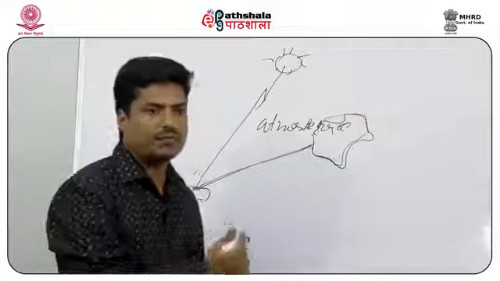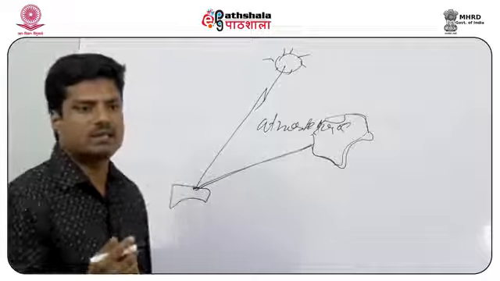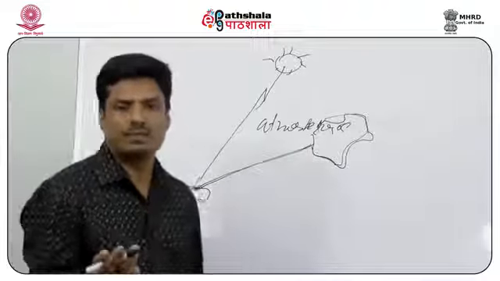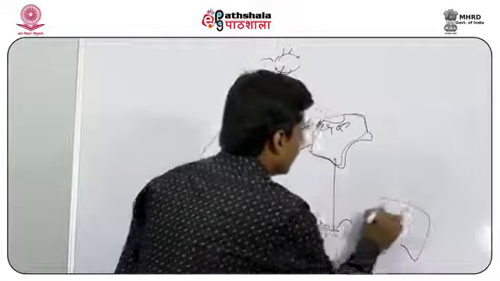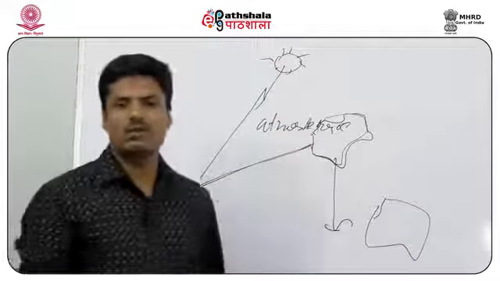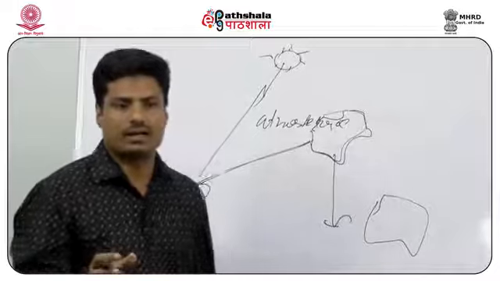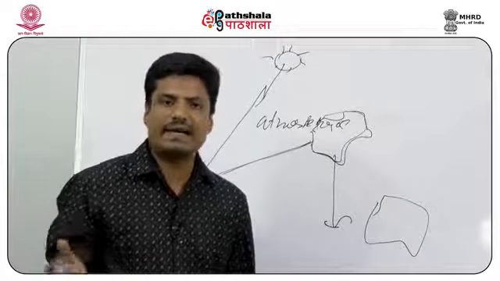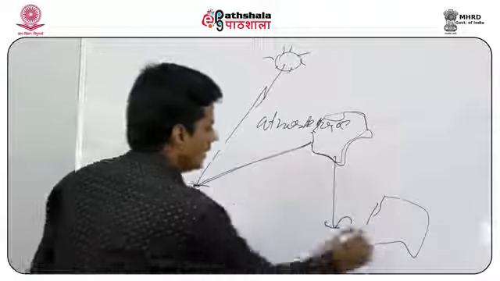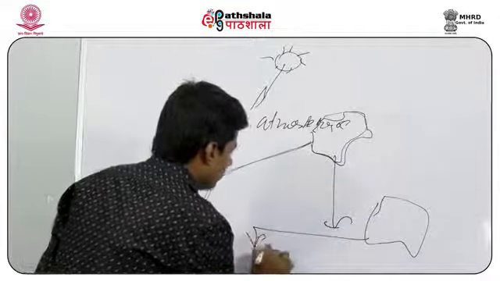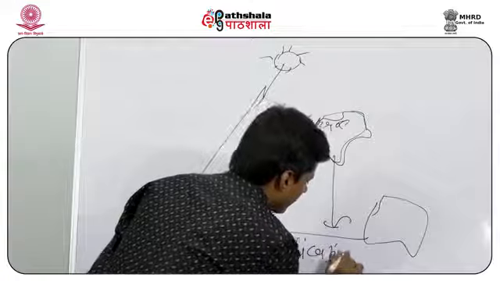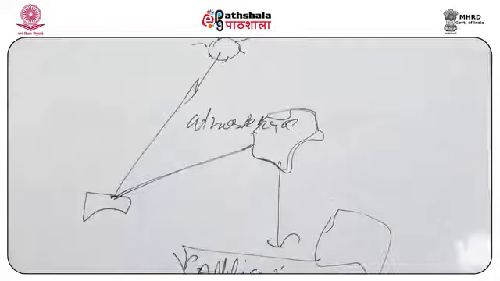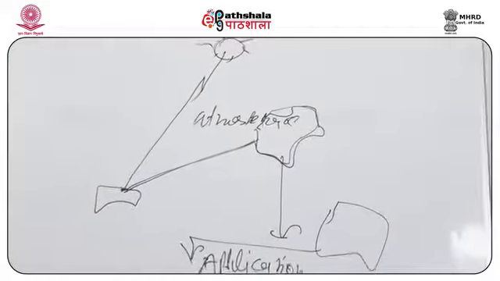After getting the data from the object, the satellites record the data. After recording, they send it to the ground control system, where we start processing the data. After processing and analyzing the data, we use it in different applications. So this is the whole way through which remote sensing works.